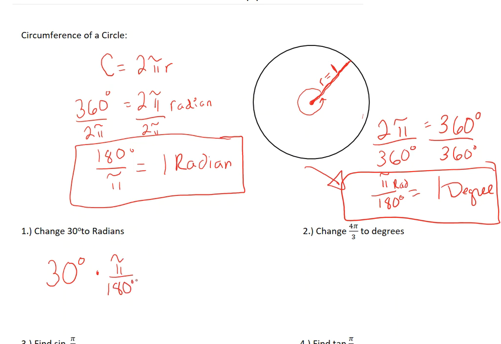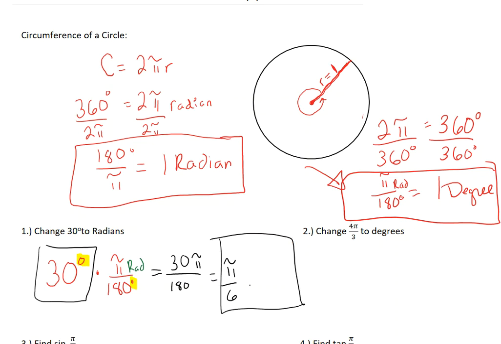We use that because the units of measurement will cancel out, one being in the numerator, one in the denominator, and radians will be left over. If we multiply across, we get 30 pi over 180, and that reduces to pi over 6. So 30 degrees is equivalent to pi over 6 radians.